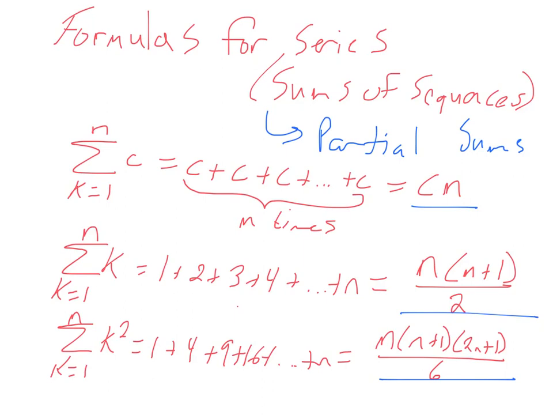The last one, the formula for the sum from k equals 1 to n of k cubed, is just 1 cubed plus 2 cubed plus 3 cubed, all the way to n cubed.